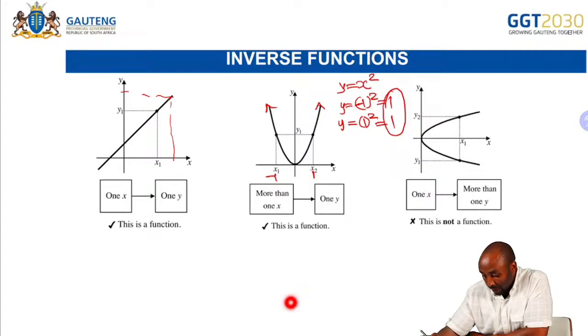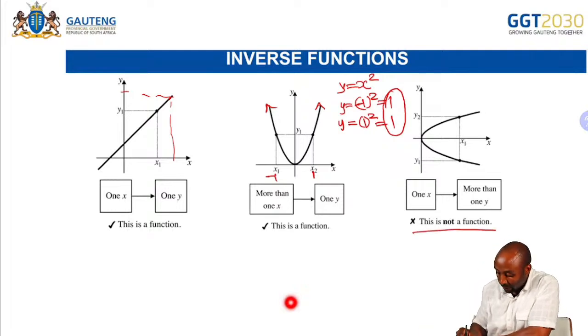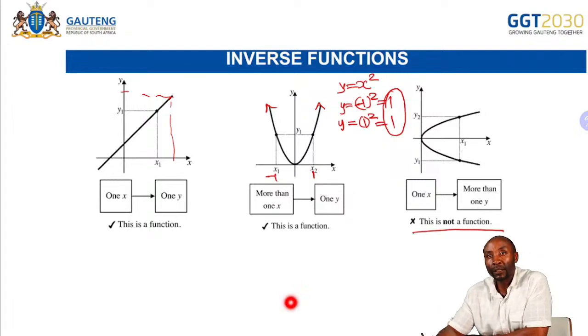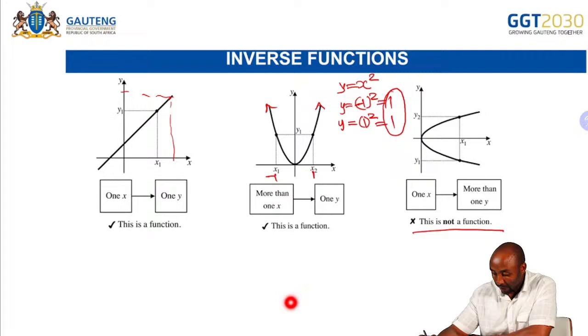You are able to see that you are having an x value that has different y values. This is a one-to-many. And we said a one-to-many is not a function. So this will not be a function, because you are having one x value that is associated with different y values in the range.